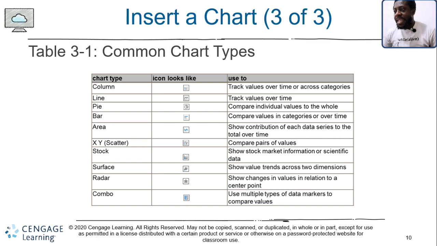We have the column chart, the line chart, the pie, the bar, the area, scatter, stock, surface, radar, combo, any chart that you can literally bring up in Microsoft Excel, you can equally put that chart here as well in PowerPoint. So you have gone through this process already, so there's no new language in your vocabulary.